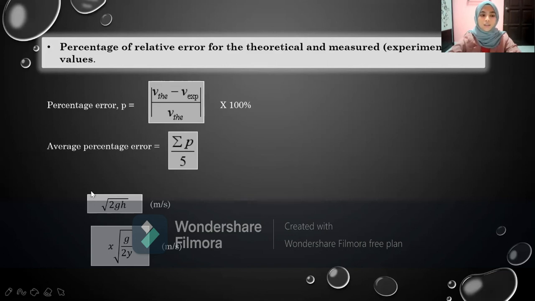To calculate V theory we use this formula, the square root of 2 times gravity times the height. And to calculate the velocity of the measured or experimental value, it is x, the maximum trajectory distance, times the square root of gravity over 2 times y.